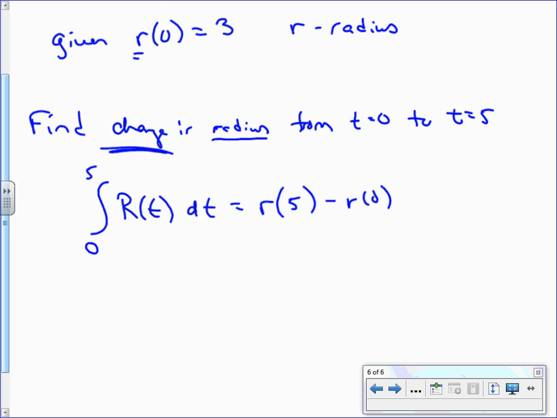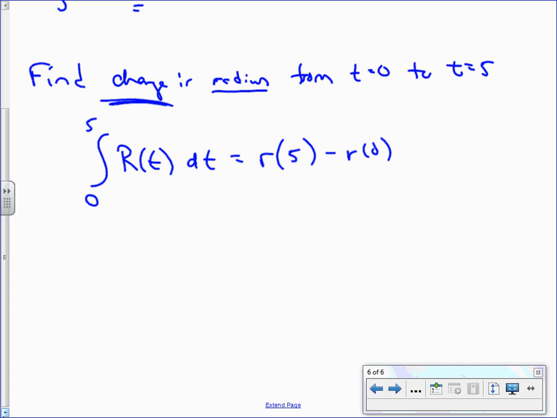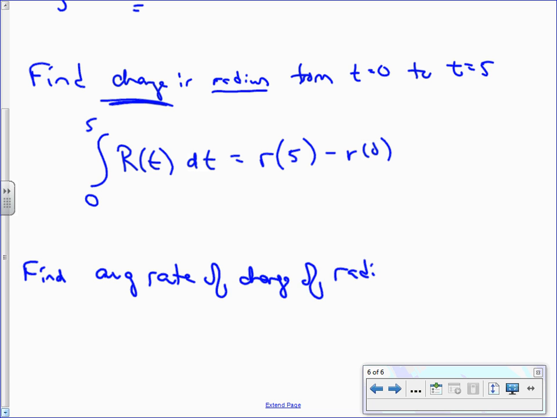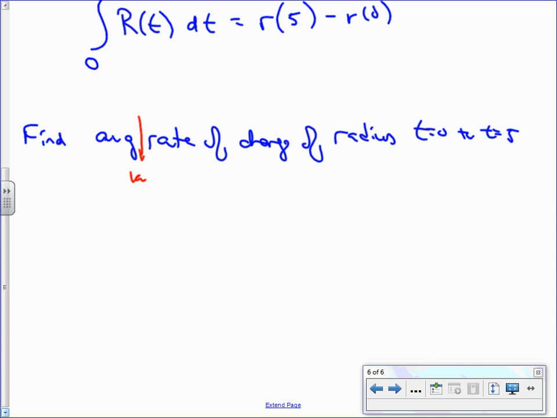Okay? As I said, find the average rate of change of the radius, and I'll do 0 to 5 again. The average rate of change of the radius. Remember that that is the average value of the rate of change.